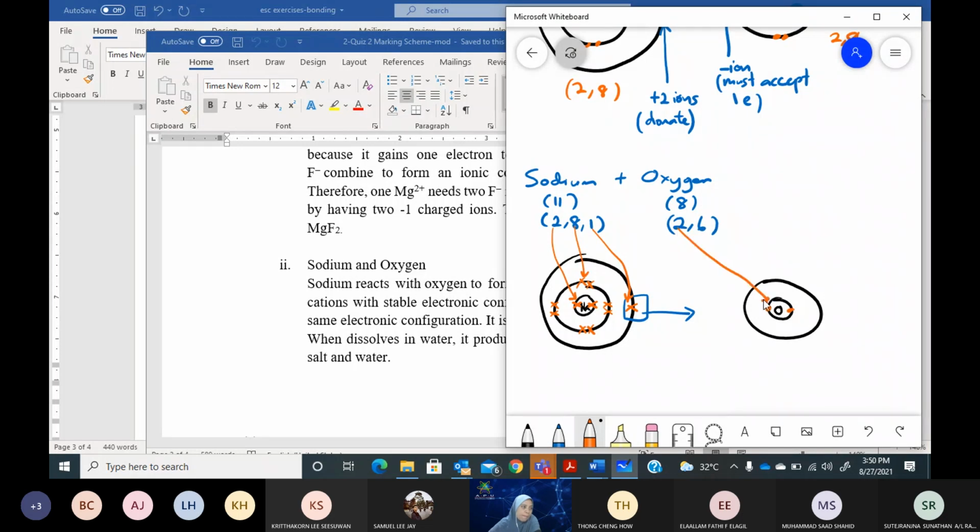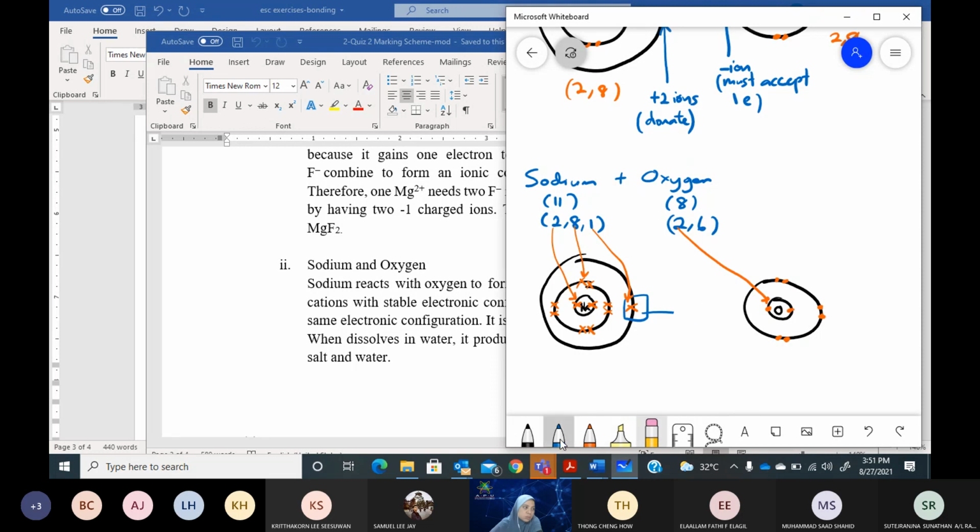This one, 2 in the first shell, then 1, 2, 3, 4, 5, 6. So here there are 2 empty. 2, 6, so 6 is enough here. It needs another 2 to become stable.